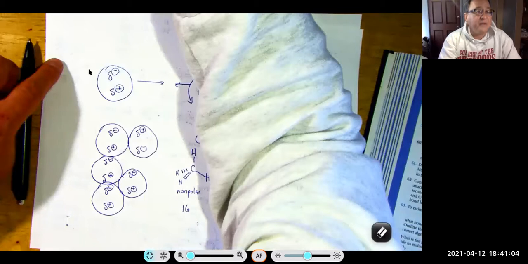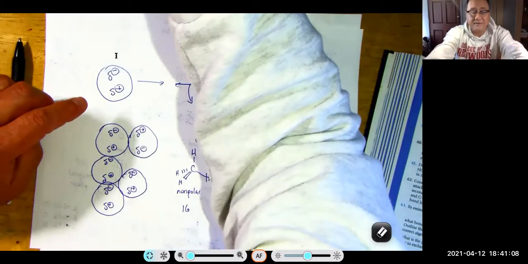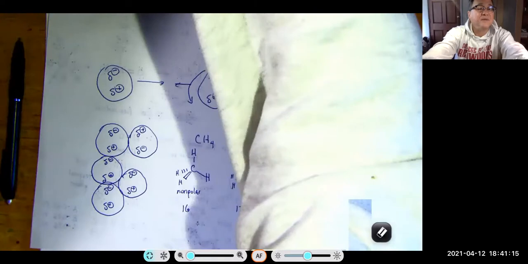And what I'm looking up here is the boiling point of methane. I'm just going to put boiling point of CH4 and NH3.